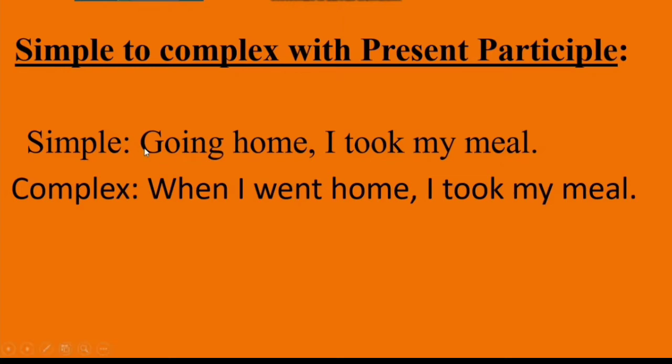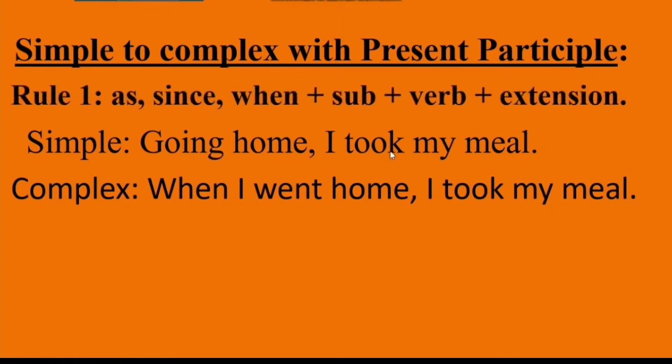The students, we have a few more words in the second sentence, when and I, and the verb also changes, going turns into went, then no change. So look how this sentence changes, or how we can change a present participle from simple to complex.